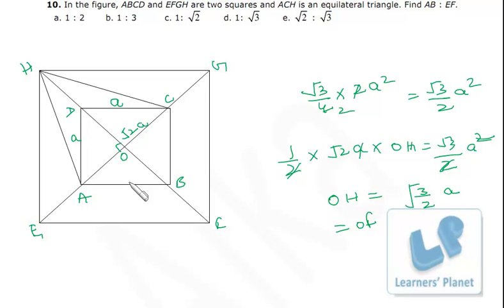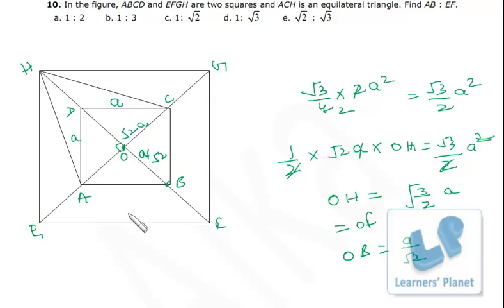Now for this square, DB is equal to root 2A, that is the diagonal of this square. So this is half the diagonal OB. So it will be root 2A by 2, or we can say A by root 2. Now we know the length OB, we know the length OF, right? OB is equal to A by root 2 and OF is root 3 by 2A.